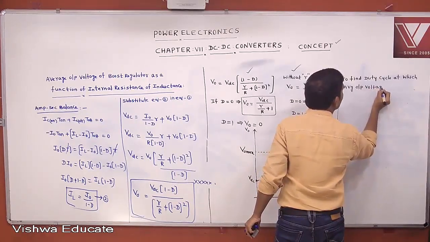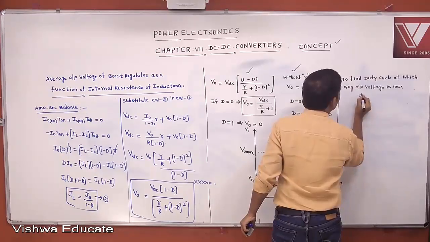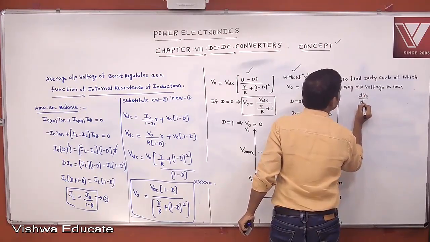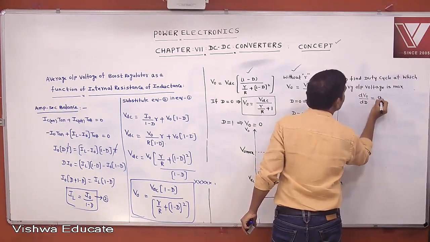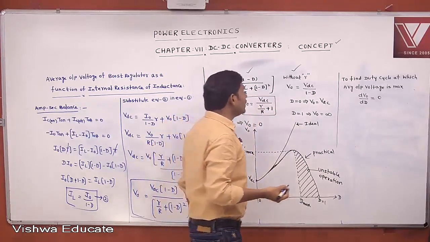Then dV naught by dD equal to 0. Differentiate with respect to duty cycle and equate to 0.